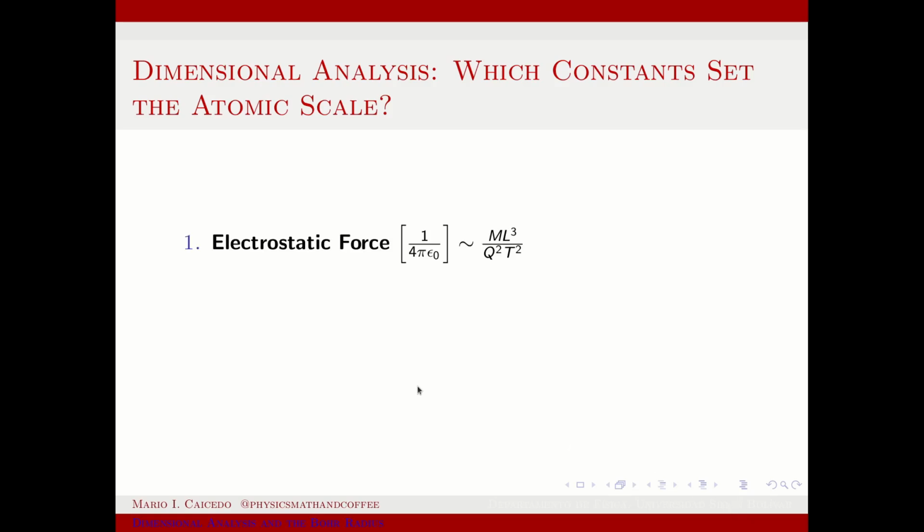Well, the first is electrostatic force, because we want to imagine the atom like a little electron going around a little proton at the center, and of course that interaction is electrostatic, so it's given by Coulomb's formula, and Coulomb's formula incorporates 1/4 pi epsilon naught as a fundamental constant. We need, of course, the charge of the electron and the proton, which are equal, multiplied, and the inertia of the electron.